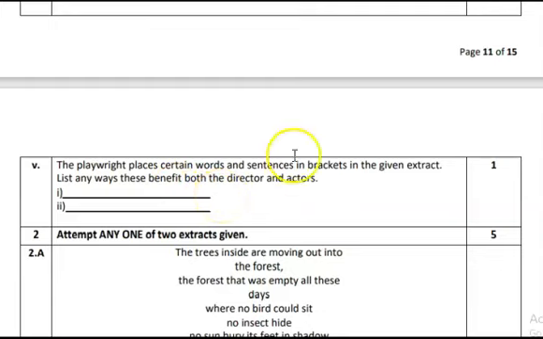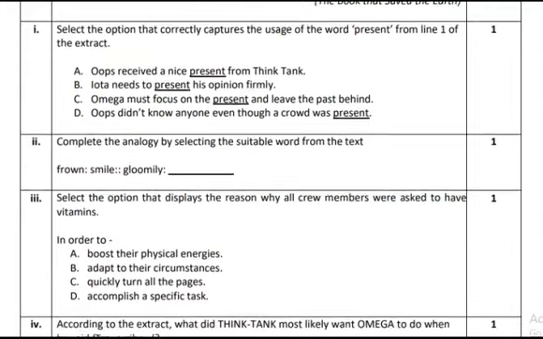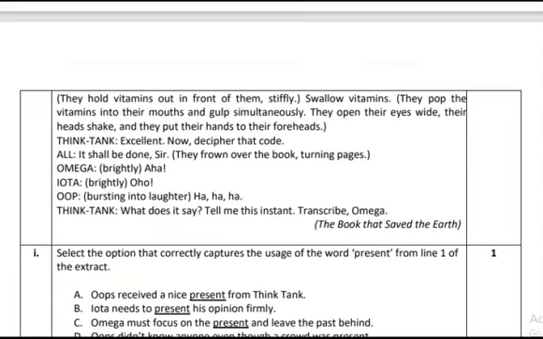So you must have seen that if you look at the extract, some words are given in brackets. Here brightly has been given in brackets, then brightly again, and bursting into laughter has also been given within brackets. So why are these words given within brackets? You have to explain the reason.